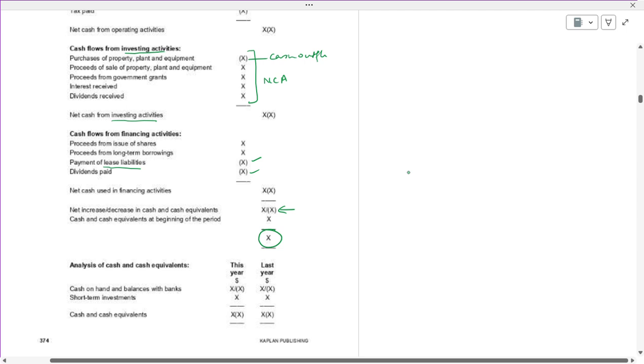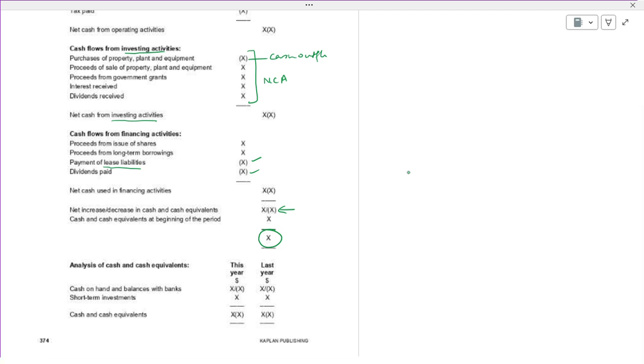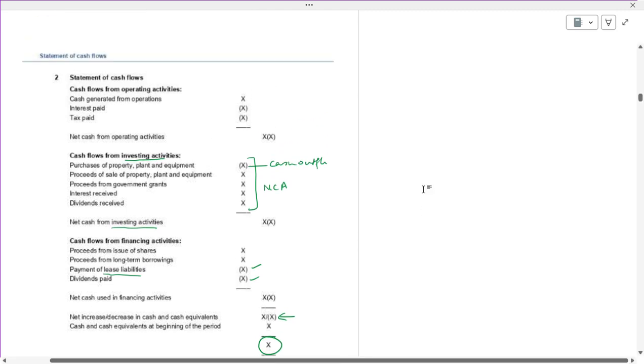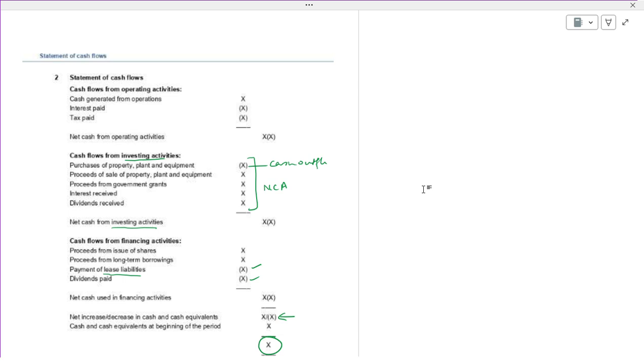In between, I am telling you this is the way marks will be scored in calculation papers. That is the reason calculation papers are easy to pass. Don't worry that something has gone wrong and you will lose marks.